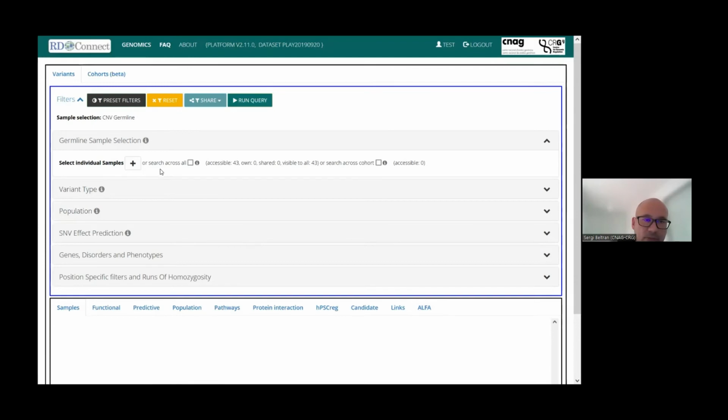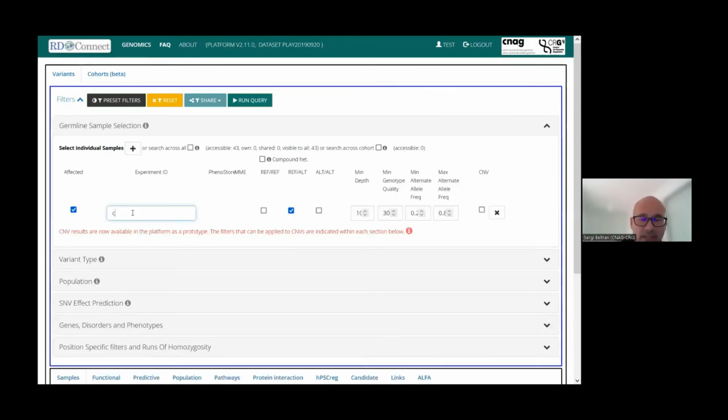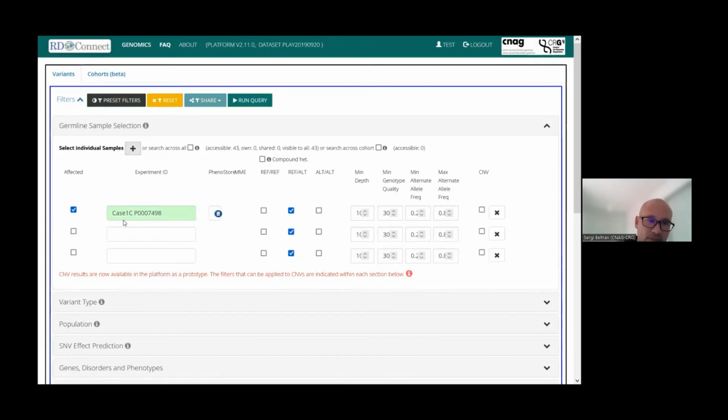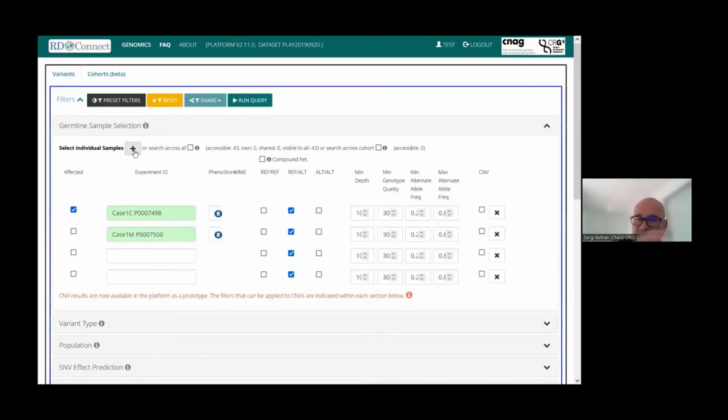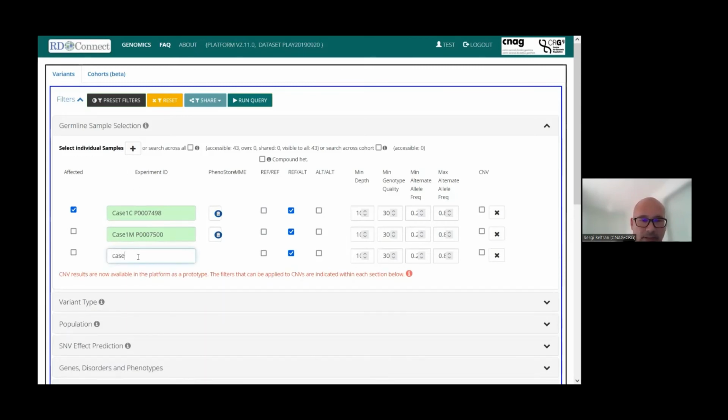The first thing I'm going to do is select the sample that we're going to look at, case 1C. Then, clicking this plus button, I will create 2 additional samples. The mother is case 1M. These are the IDs I checked before in the slide. And then case 1F for the father.